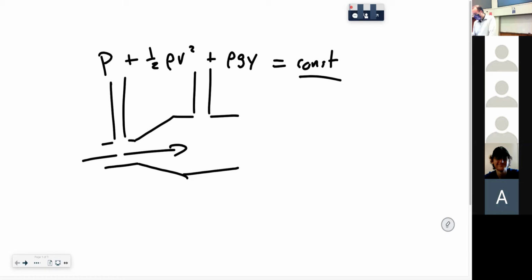These are called open tubes, so they're open to the air. So water can be pushed up into them, and it will be by the pressure below it. The question is, in which of these two pipes will the water be highest, one or two? Or will it be the same?